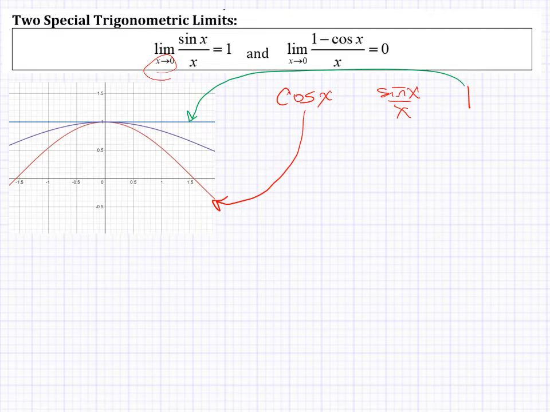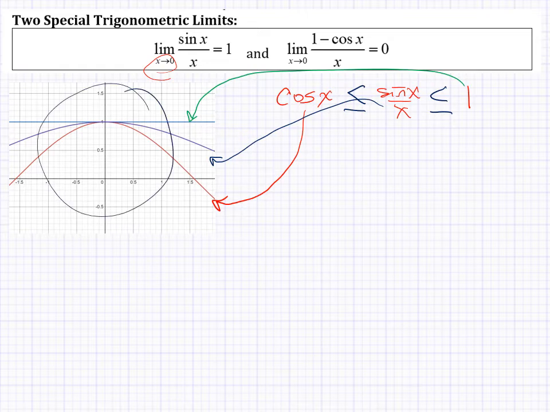And believe it or not, sine x over x, if I were to graph it, is this middle function. You see that sine x over x is squeezed in between the two of them. So the idea here is we have this inequality set up, where cosine x is smaller than or equal to sine x over x, which is smaller than or equal to 1 in this interval around 0.